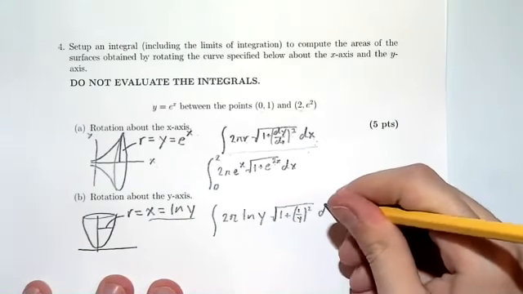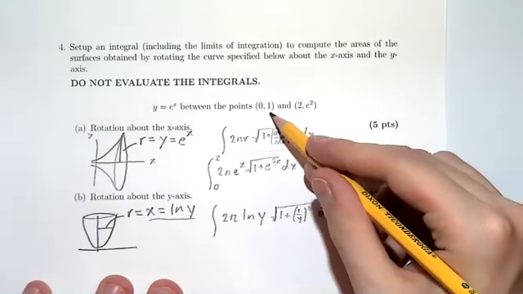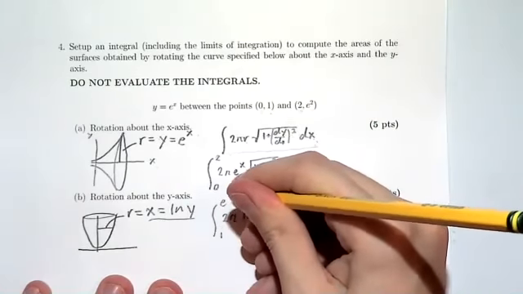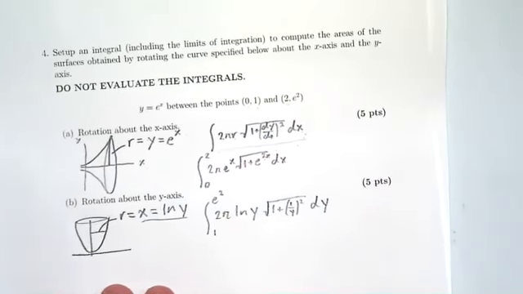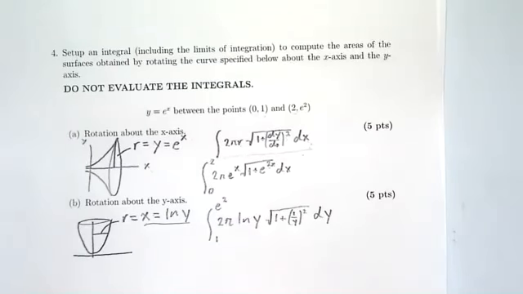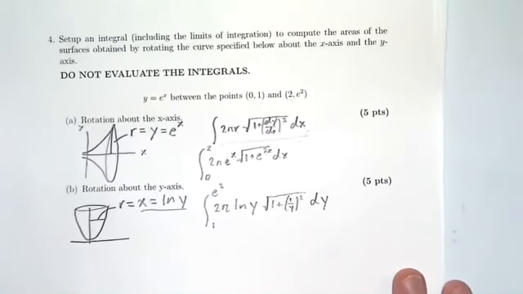And then this will be dy. And now we just do our bounds, which is from 1 to e squared. And for those with their calculator available, you can test to see if this is true as a little exercise.